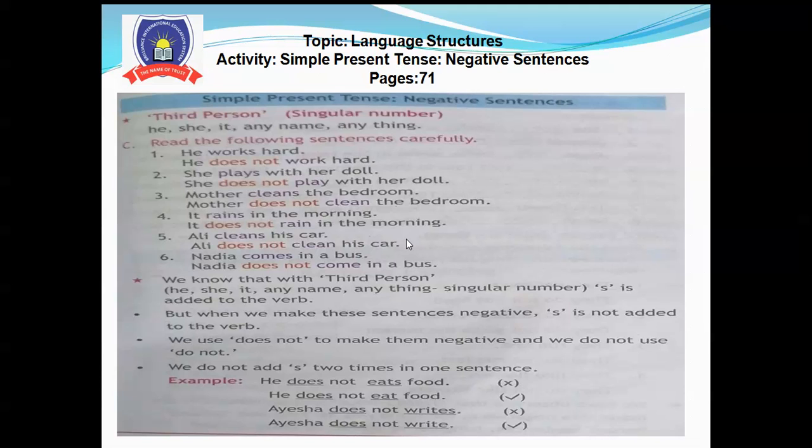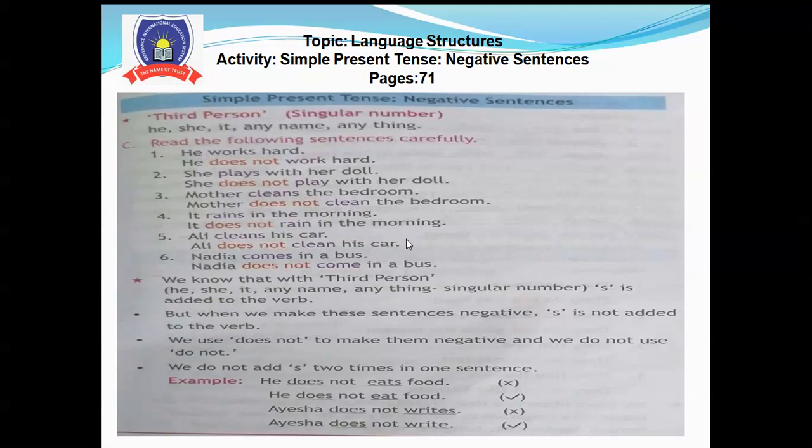Like "he does not eats food": what will we do? We will write "he doesn't eat food." We will not put s with the word eat, because we never use s two times in a sentence that has a negative sense. Did you get it?